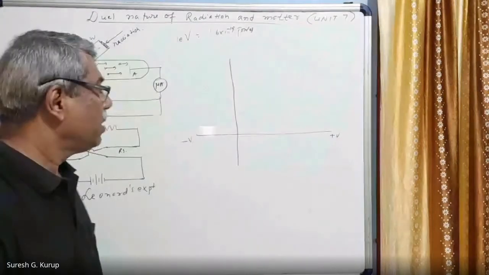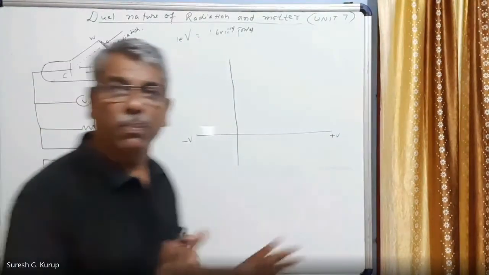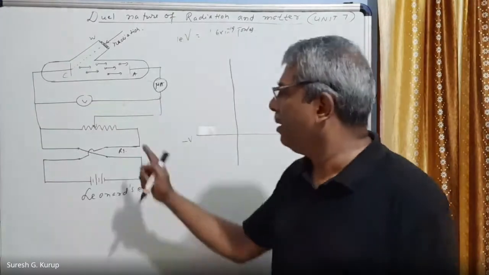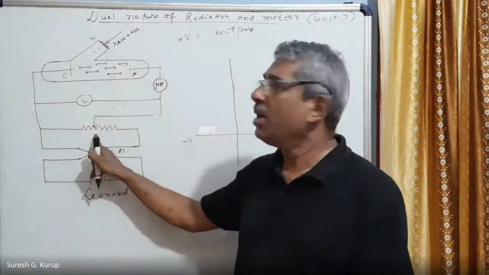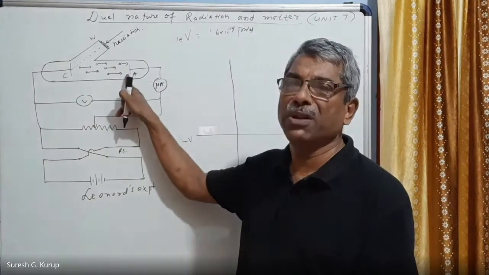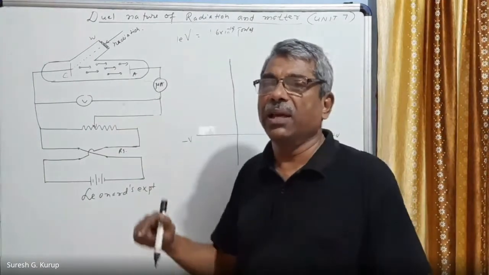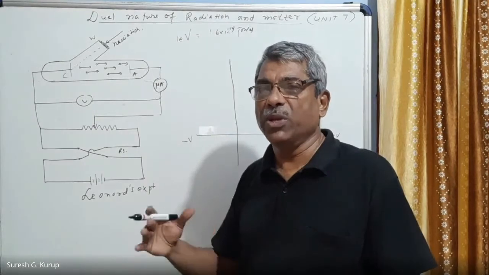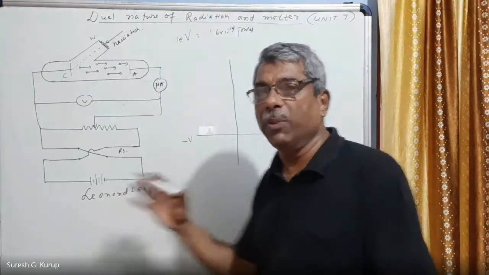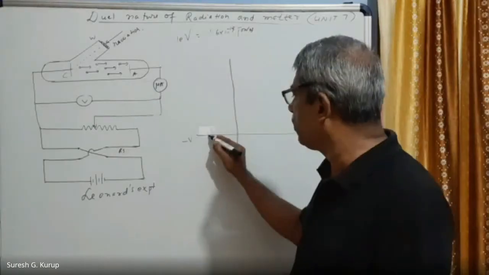By changing this moving part of the rheostat as a potential divider, we can apply first a negative potential to A, and that goes on increasing, right? Then the negative potential decreases, first becoming zero, then positive. So from this point we can increase.